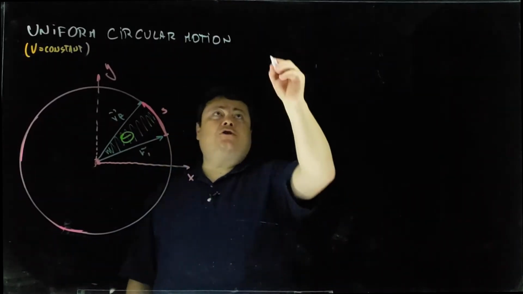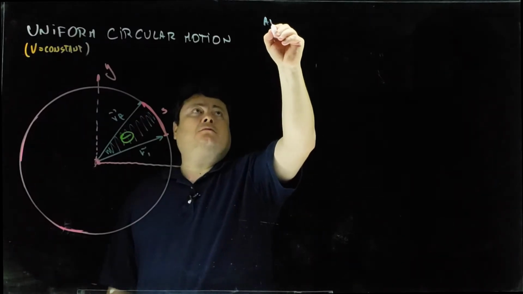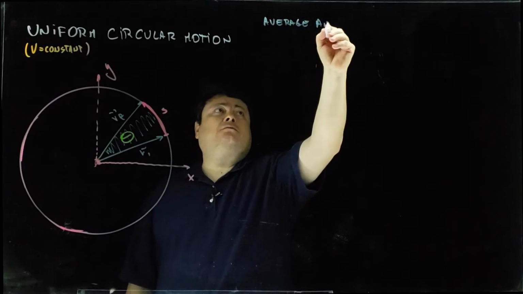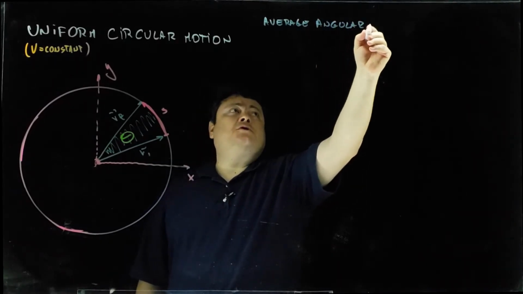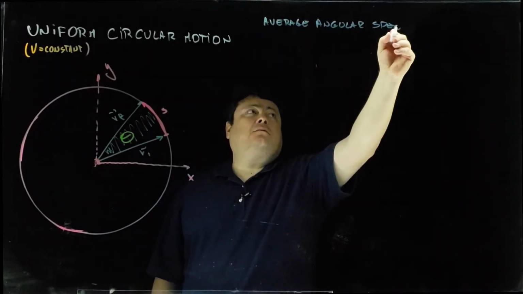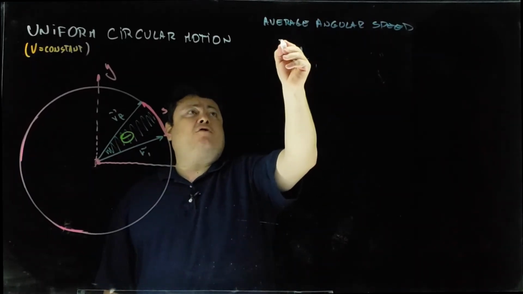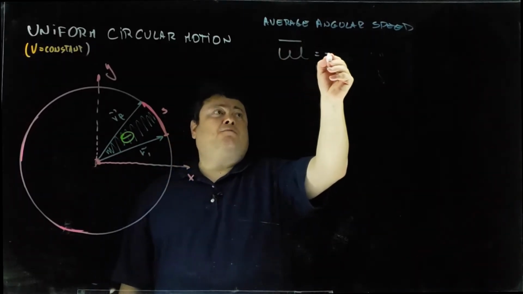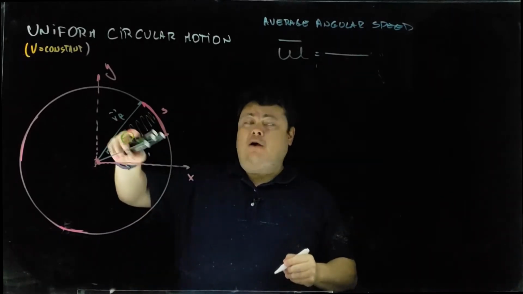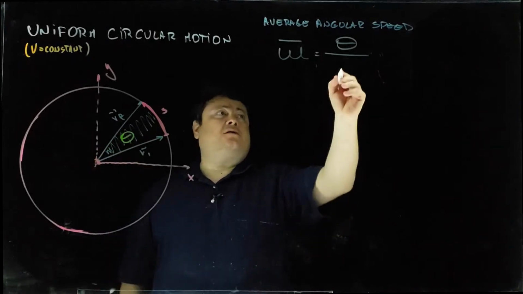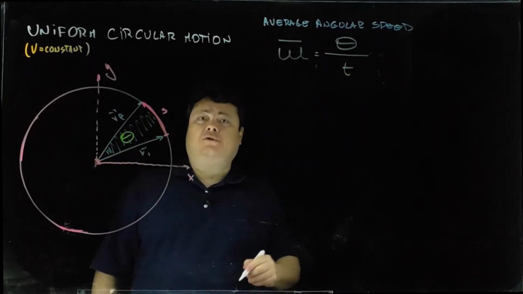The average angular speed we represent by omega, and because it is average, when I use a bar, it is by definition the angular displacement theta divided by the time it takes to go from one place to the other, t.